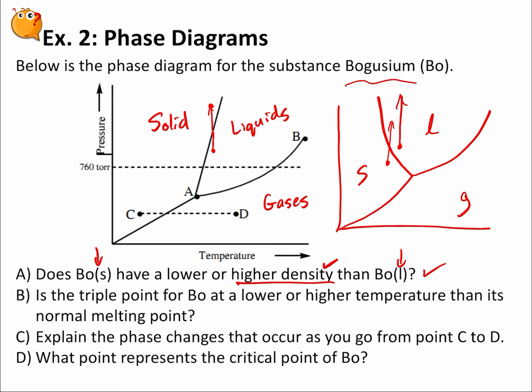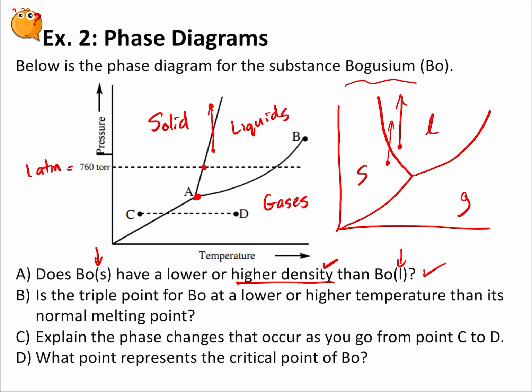Is the triple point for Bogus Im at a lower or higher temperature than its normal melting point? So this is the triple point. Its normal melting point is going to be the temperature at which it converts from a solid to a liquid, or that those two phases are at equilibrium at 1 atmosphere, which is the same as 760 torr. So that's at this point right there, right?